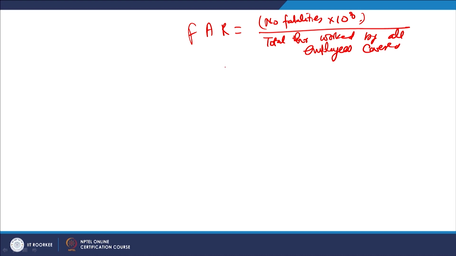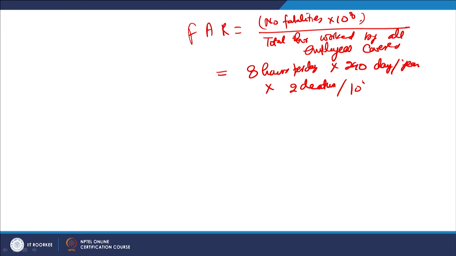Here you have a shift of 8 hours per day into 290 days per year, and the FAR is 2 deaths per 10 to the power 8 hours.